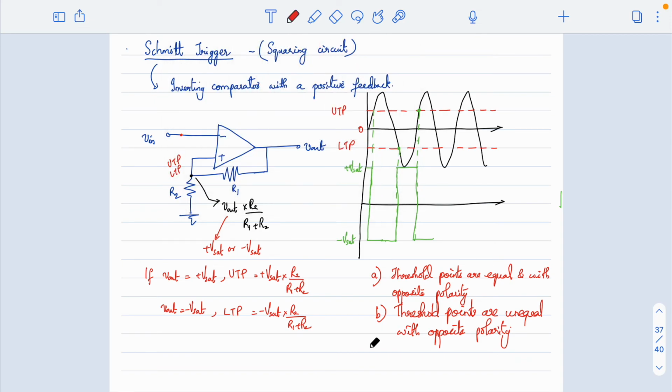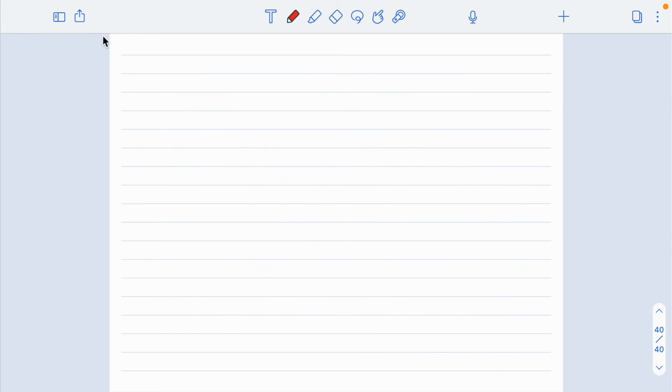So there is one more category. What we can do is threshold points unequal with same polarity. It could be either both positive or both negative. So let us see that with the help of another design question.